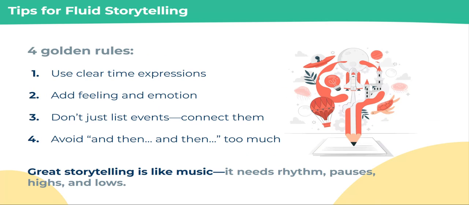Try not to just list events. Connect the events. Avoid "and then" too much. Try to use different kinds of connectors. Great storytelling is like music. It needs rhythm, pauses, highs, and lows.